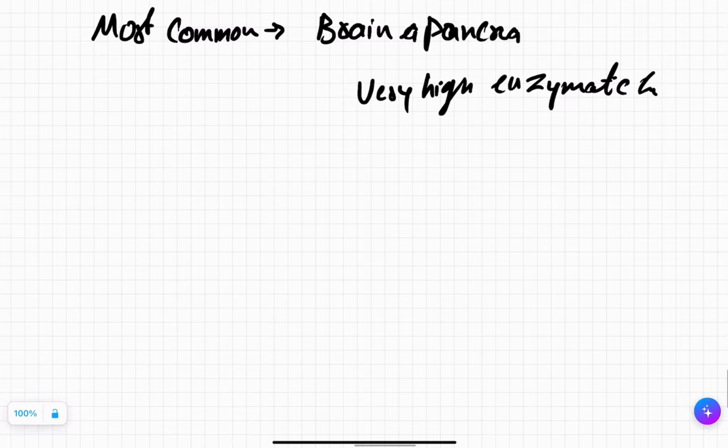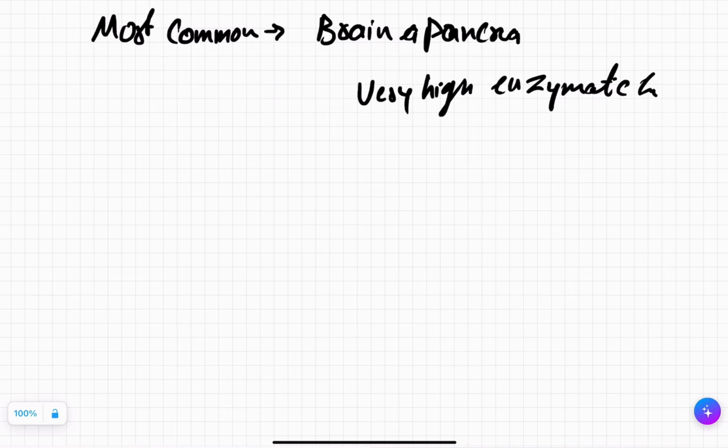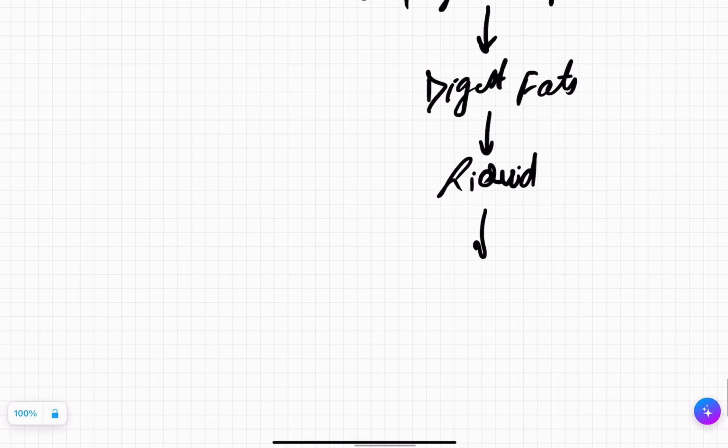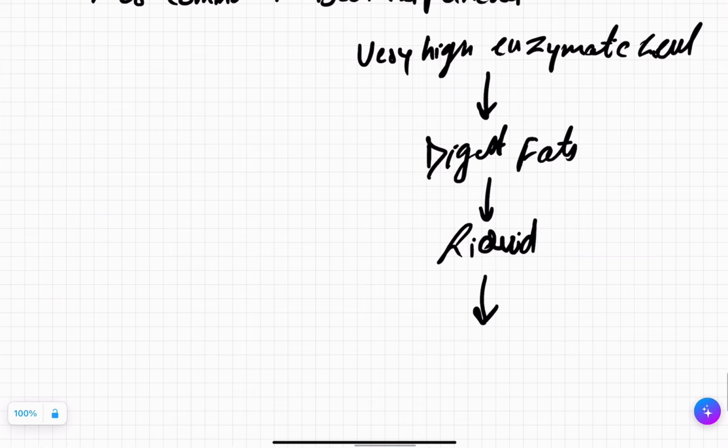Why? Because they have very high enzymatic levels. Those enzymes will digest the fat. Digested fat appears as what? Liquid. You must have seen butter melting. It's liquid, right?